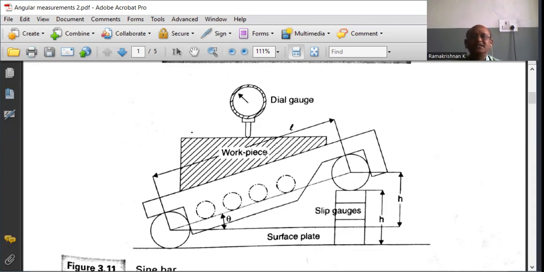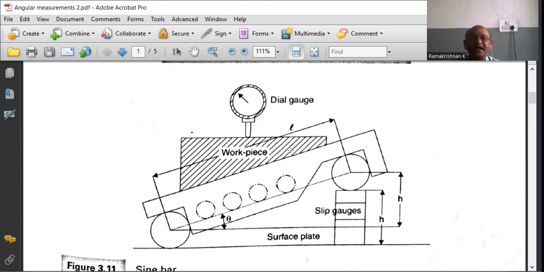But the condition is that the tapered surface on the workpiece should face outwards, that is upwards. Here, one end roller is just touching the surface plate.